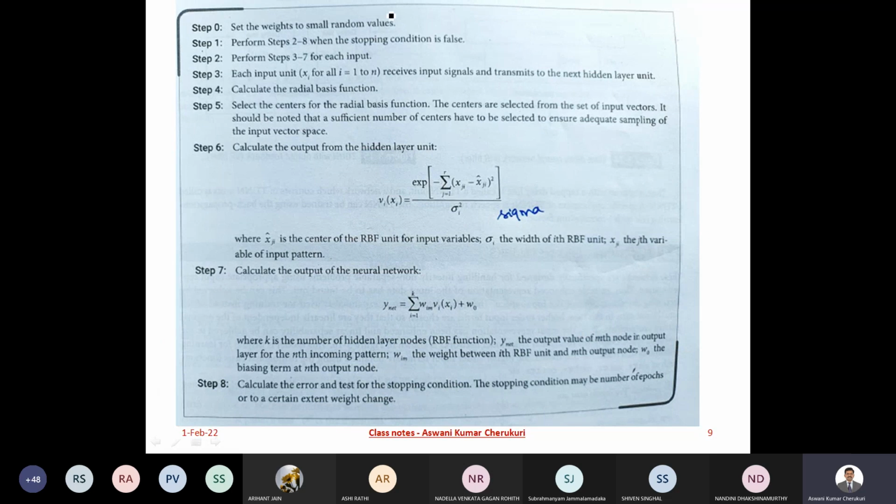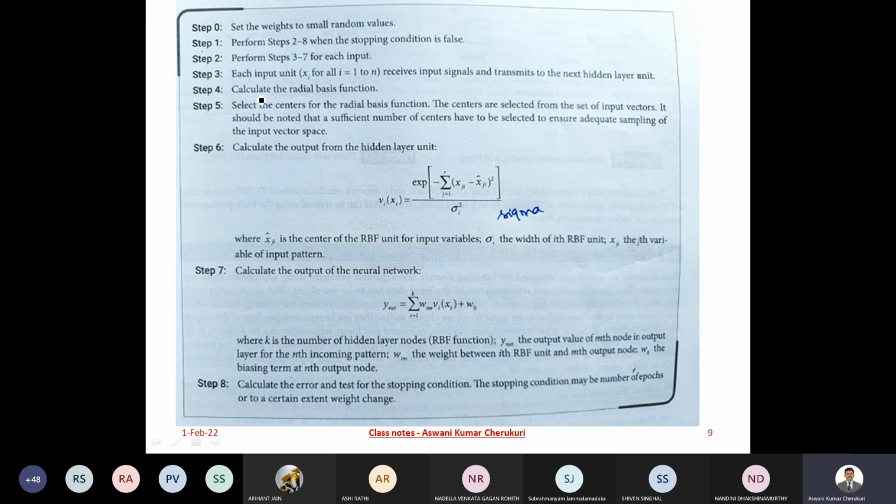So when we say set the weights to small random values, these are nothing but your hidden to output weights. Perform steps till the condition is false. What is the condition? Your delta learning rule, till it converges. Remember these things are not explicitly given in the book. For each input unit, we calculate the radial basis function.